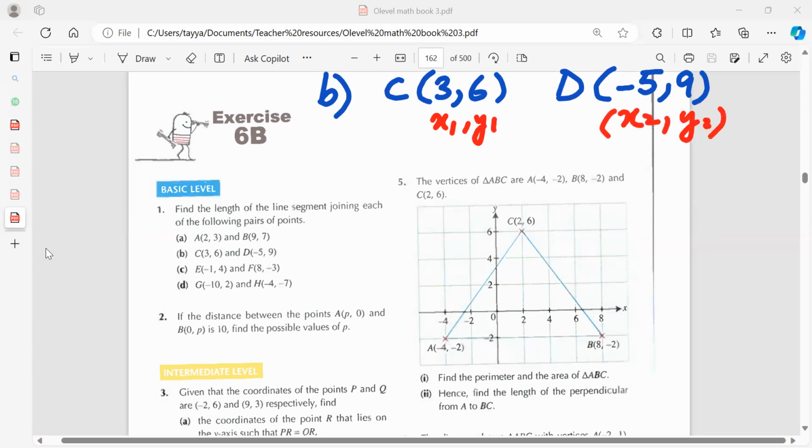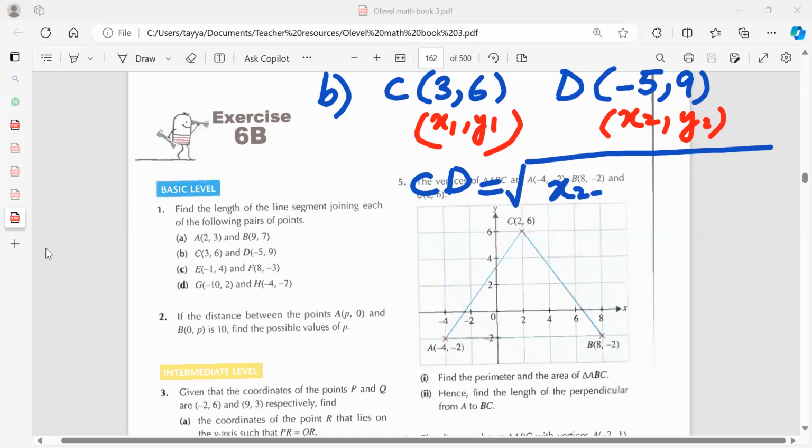Then we will apply the distance formula for finding the length of the line. CD is equal to the square root of x2 minus x1 square plus y2 minus y1 square.